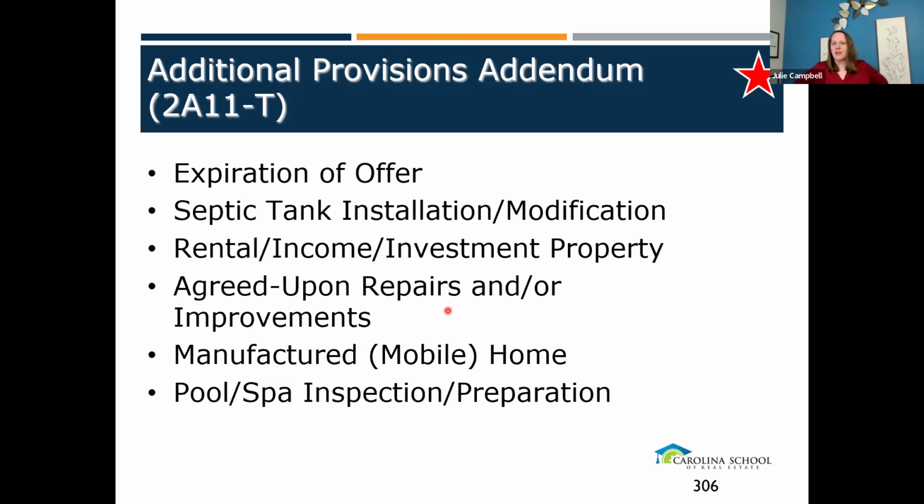Agreed upon repairs and or improvements. Remember, I'm attaching this to our offer. We're not under contract yet. It might be that your buyer sees a repair that they want addressed, and they want the seller to take this into consideration when we're presenting the offer. Now, this doesn't negate the buyer doing their due diligence and all those inspections. They can always ask for repairs once we're under contract.